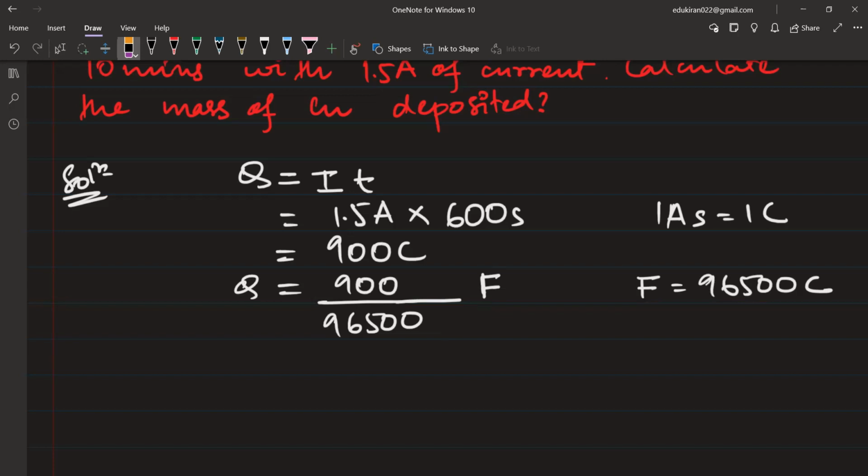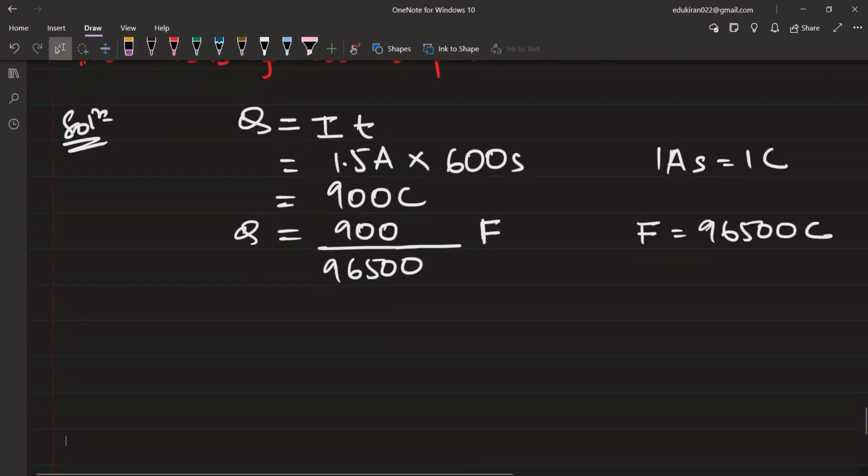Okay. Now, let us look at the reaction. Copper 2 plus getting converted to copper solid. Now, I can say that this is requiring 2 electrons. That means 2 moles of electrons.